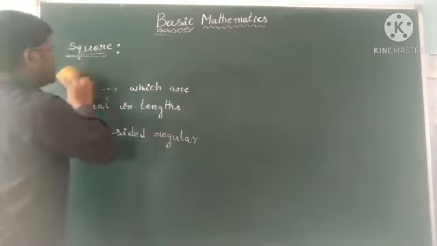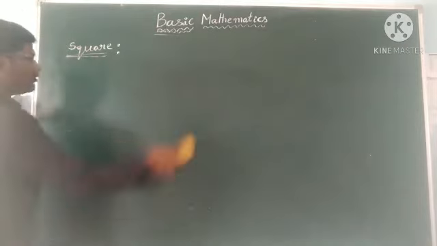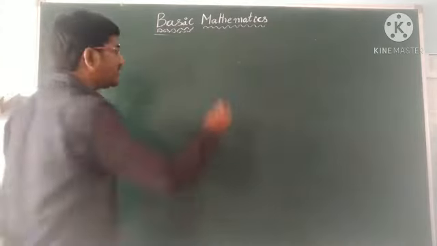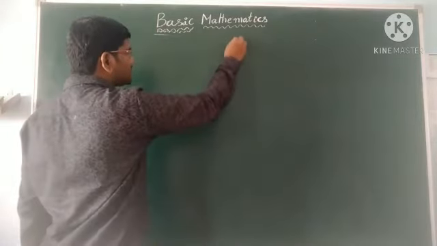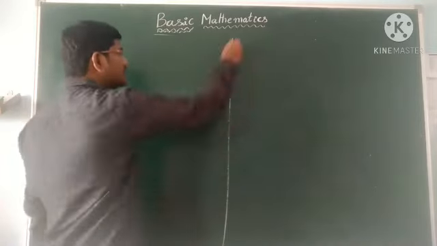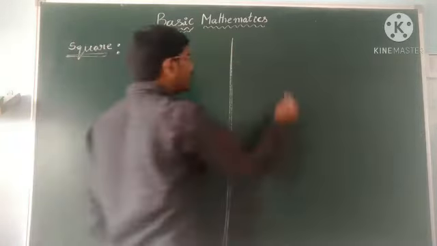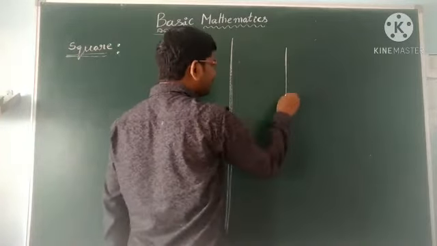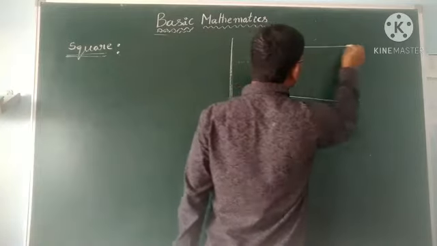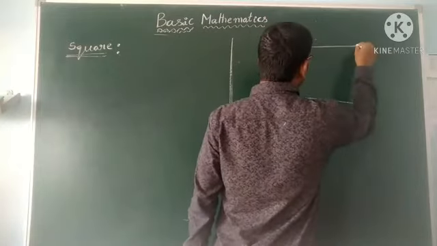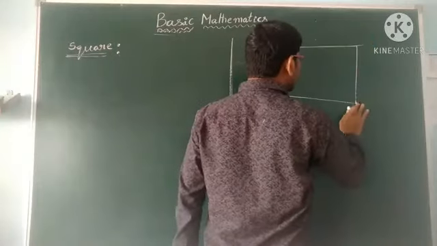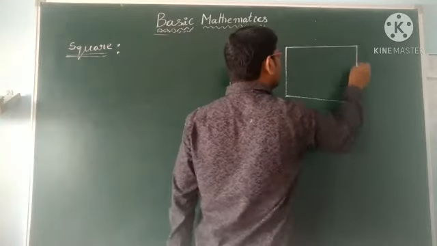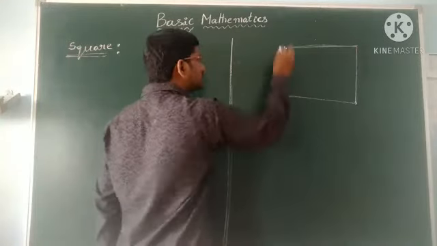First I am drawing a square here, and after that I will write its properties. See my dear students, this is the square I am taking, which has four sides.